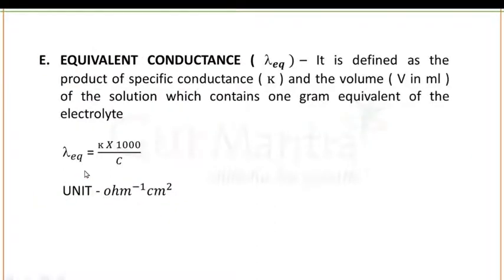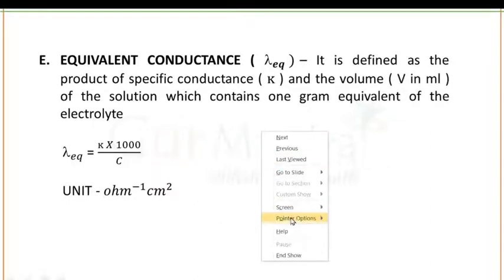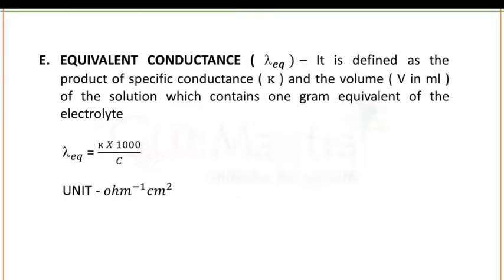Next term is equivalent conductance. This equivalent conductance is denoted by lambda EQ. This lambda EQ is defined as the product of specific conductance K and the volume. You have to remember that the volume should be in milliliters of the solution which contains 1 gram equivalent of the electrolyte.